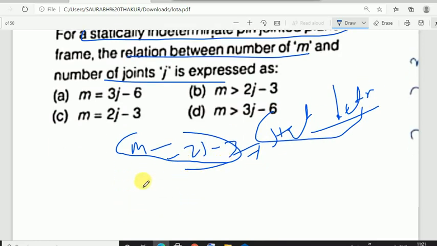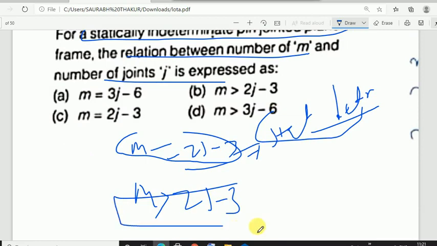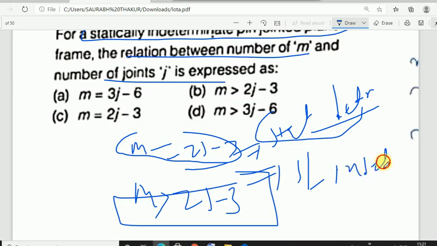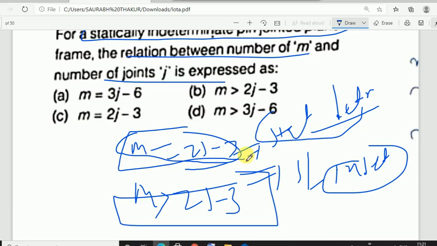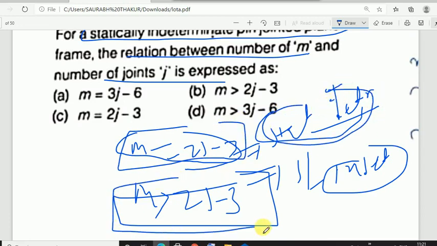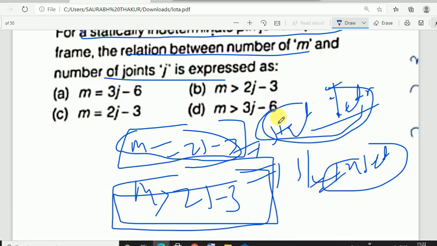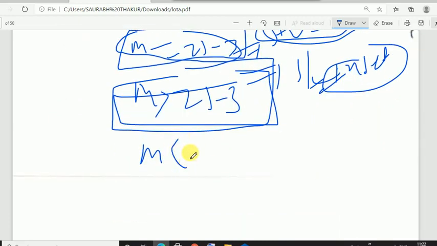When you get M greater than 2J minus 3, that would be statically indeterminate. M equal to 2J minus 3 is statically determinate, and M greater than 2J minus 3 is statically indeterminate. When M is less than 2J minus 3, that would be unstable.